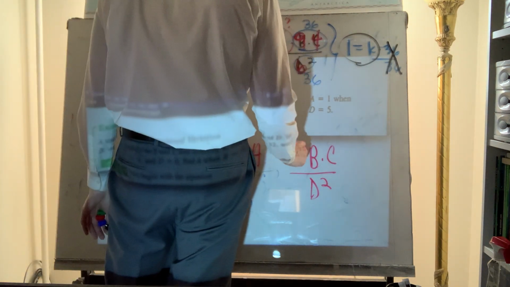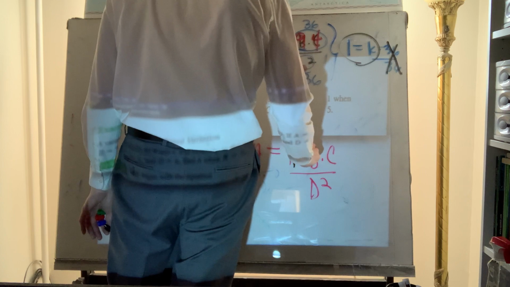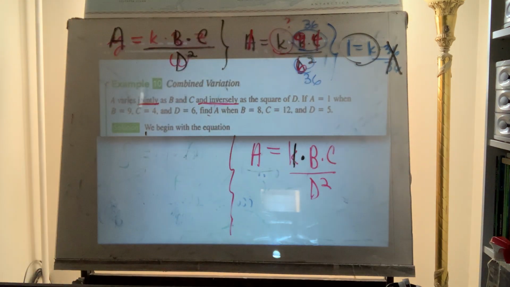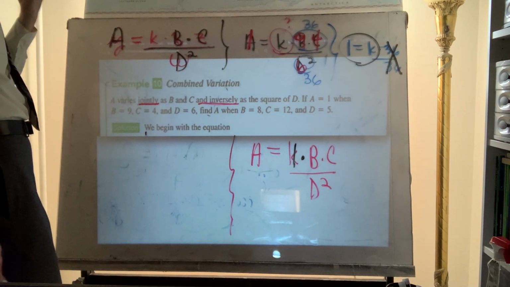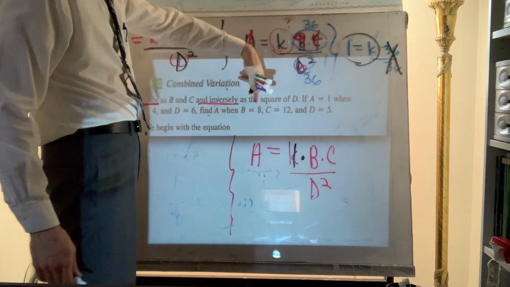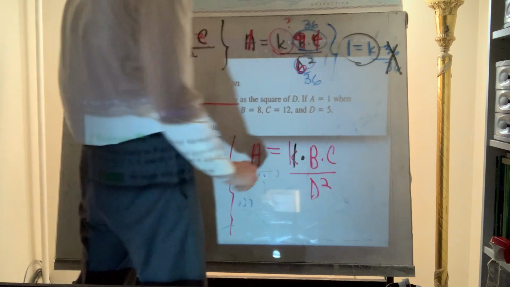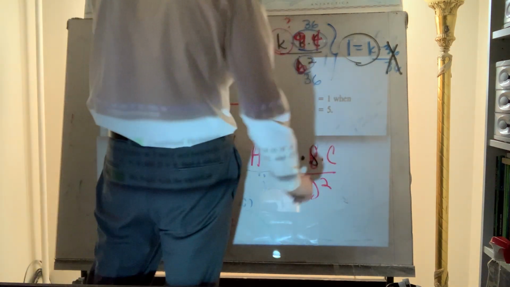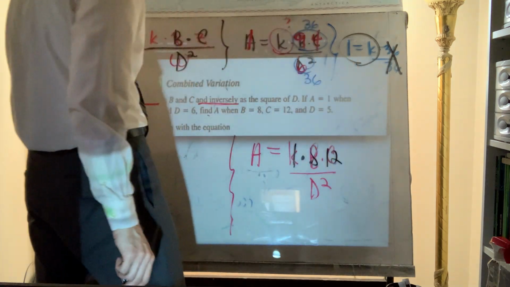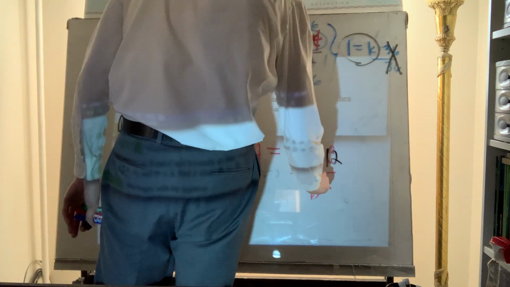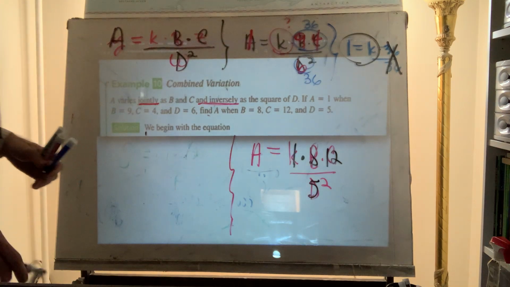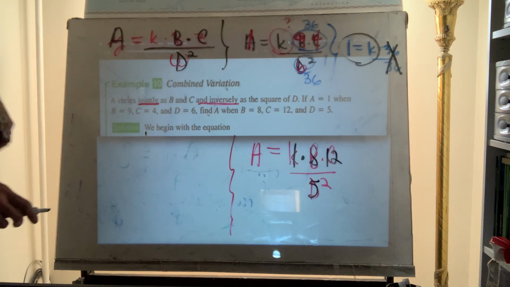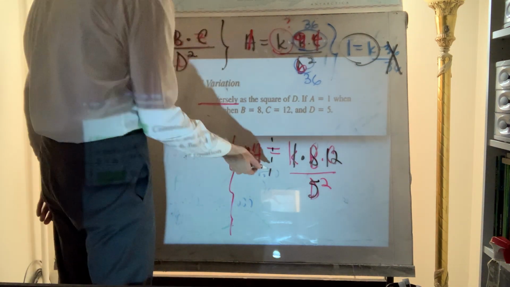The fact of the matter is if you put a 1 in here, it's not going to change anything. 1 times anything is an identity. So now if we insert the specifics, B is 8, that looks kind of the same thing anyway, how appropriate. 12 is C, and D is 5. Let's simplify, and we'll answer the question for A.